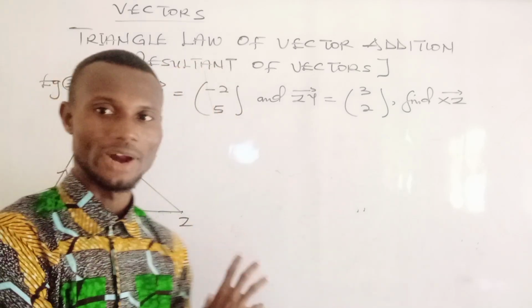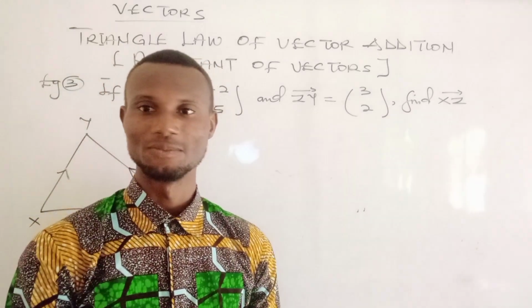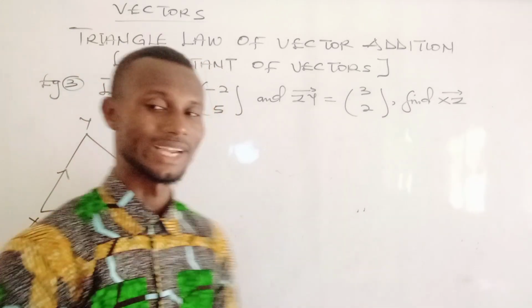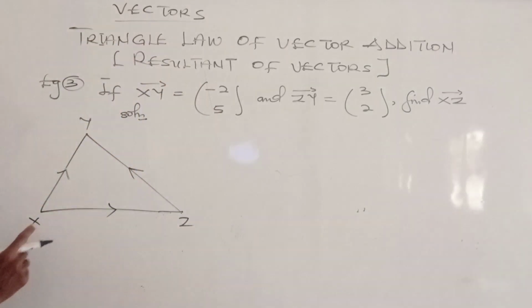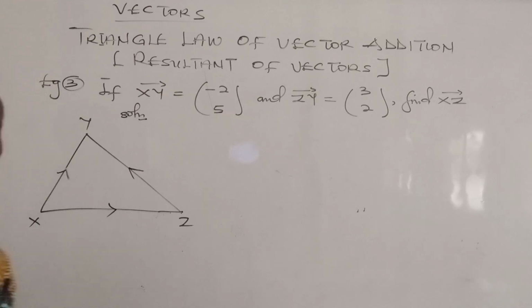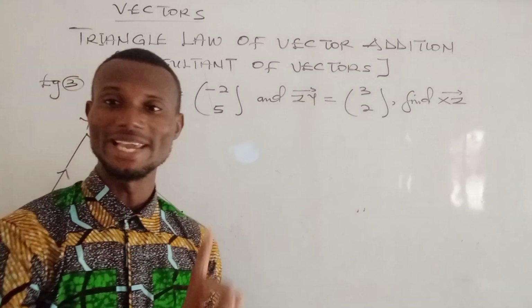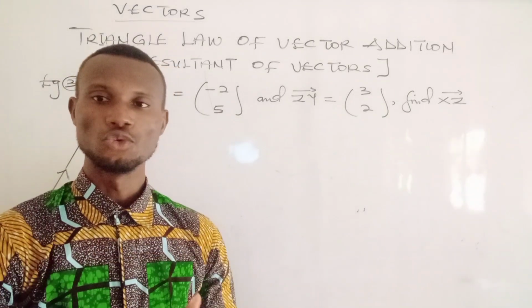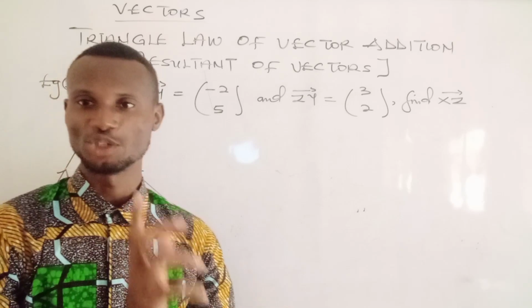So using the diagram, we are going to write down the addition law. And the law says that to get my vector SZ, that is why it is always important that whatever you are being asked to find, you place it at the base of the triangle.